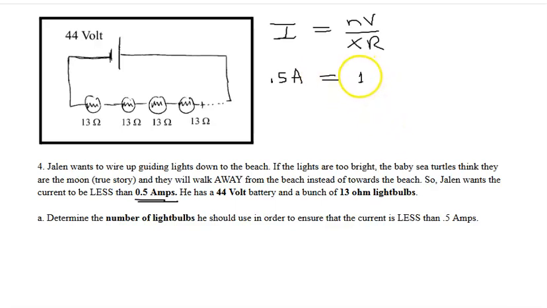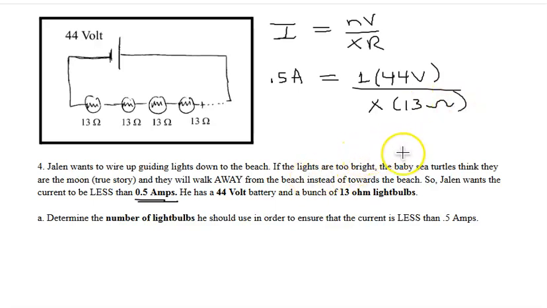He has a single, so one 44-volt battery, and he wants to know how many 13-ohm lights he needs. So we're solving for X. Okay. So cross multiply.